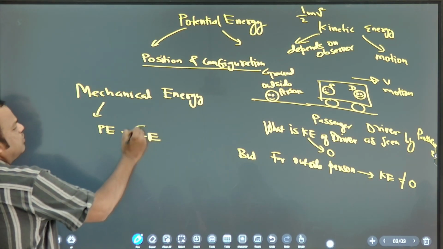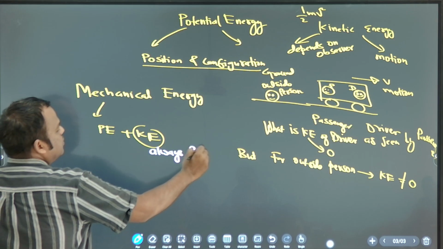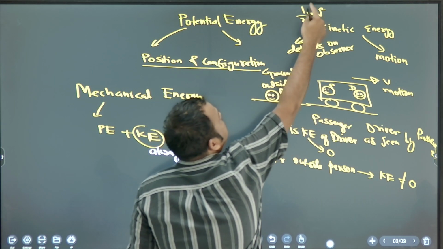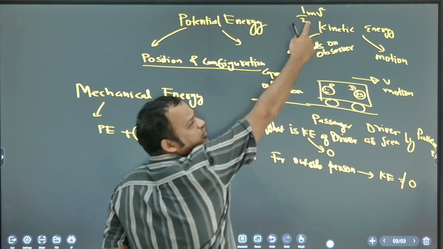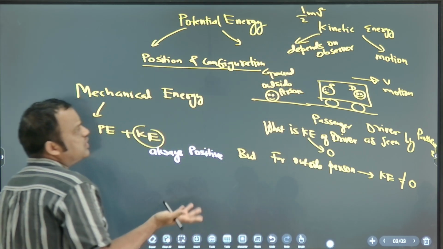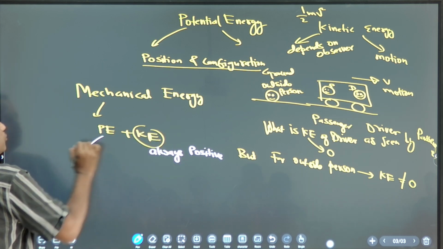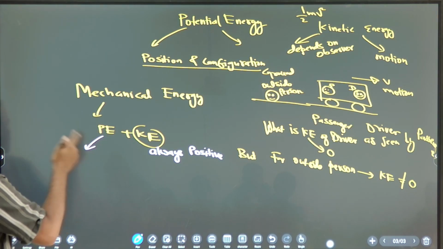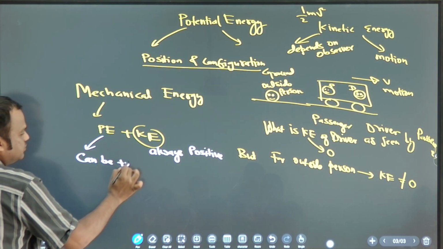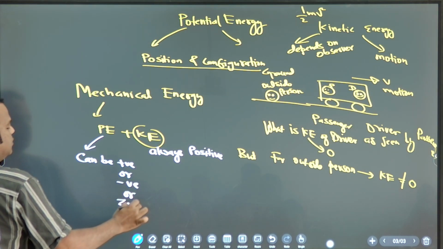Kinetic energy is always positive, because how do we calculate kinetic energy? Half m v square. Mass is always positive, and v square is positive. Correct? So kinetic energy is positive.